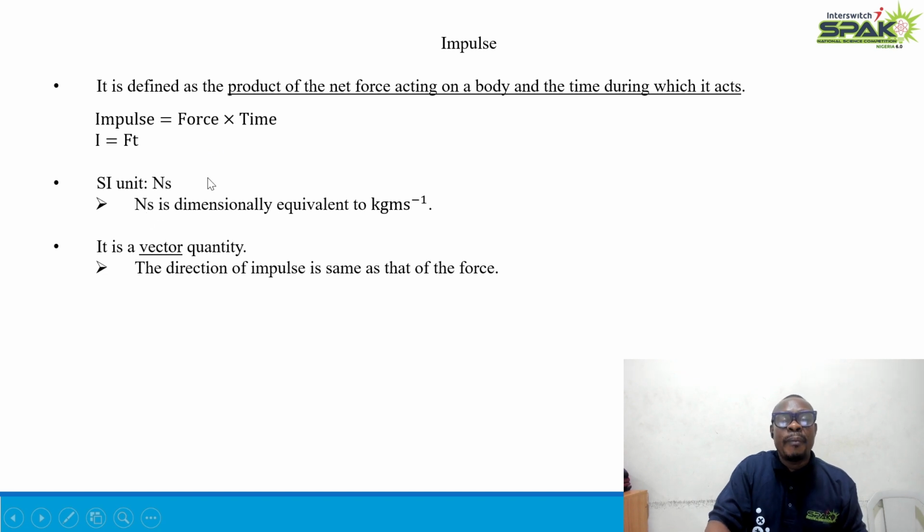So if you have a unit described as Newton seconds, it is a result of impulse, which is equal to force times time and also the change in momentum.